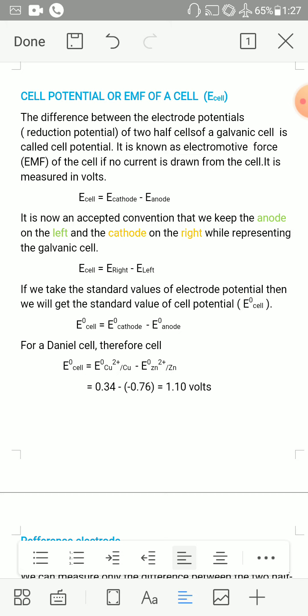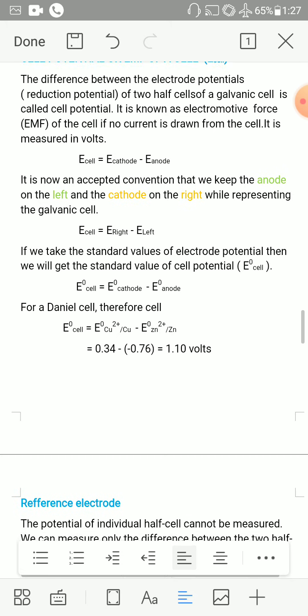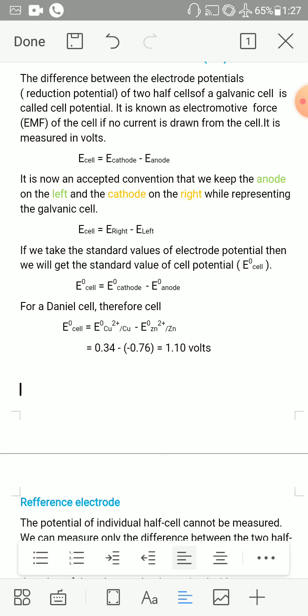So for this Daniell cell, the E0 cell is E0 of copper 2 plus copper electrode minus E0 of zinc 2 plus zinc electrode, where in Daniell cell copper electrode acts as cathode and zinc acts as anode.